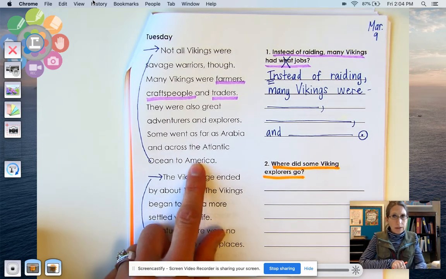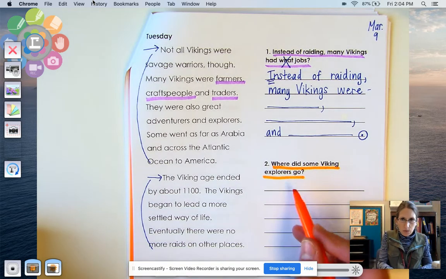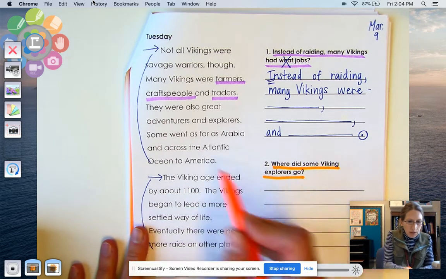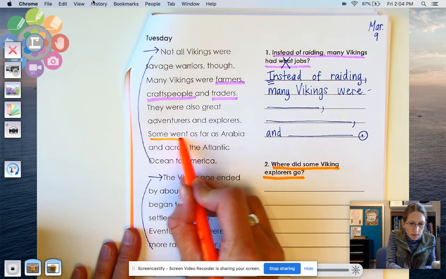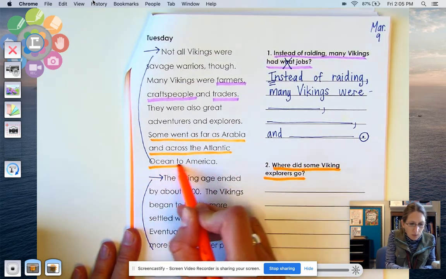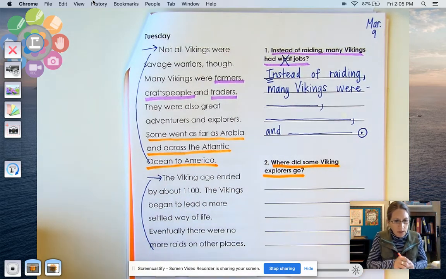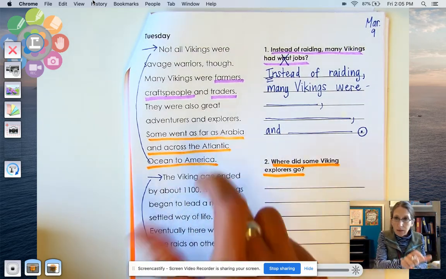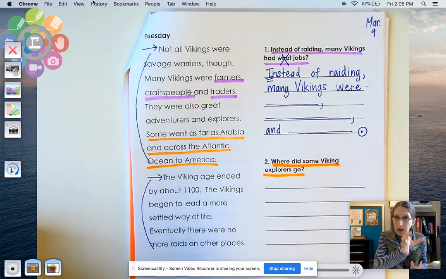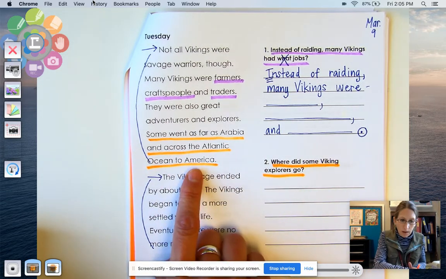Does that tell where they went? Yes, let's use that same color. So whichever color you're using, use that same color. Yeah, this tells where they went. There's our text evidence. So they went as far as Arabia, like the Arabian Peninsula, looks like a big snow boot, and across the Atlantic Ocean to America.